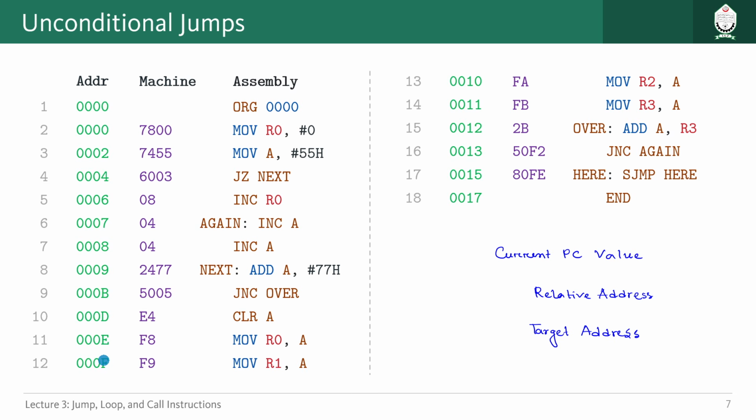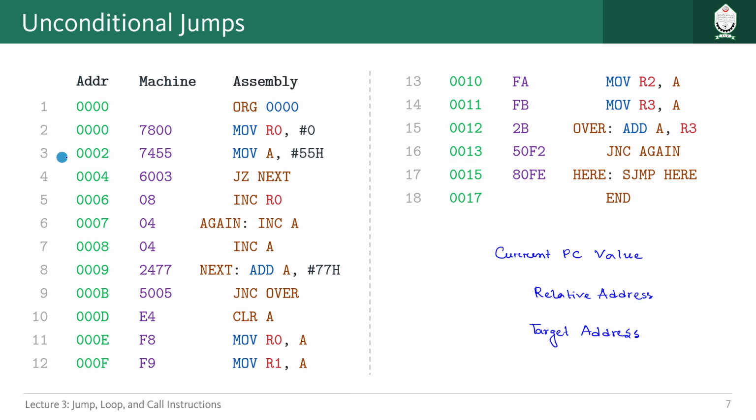Now what you have to understand is, whenever we are executing a particular line, let's say we are executing this line 3, what should be the value of the program counter at this moment? We always say the program counter always points to the next instruction to be fetched. So the program counter will store the address of the next instruction to be fetched.